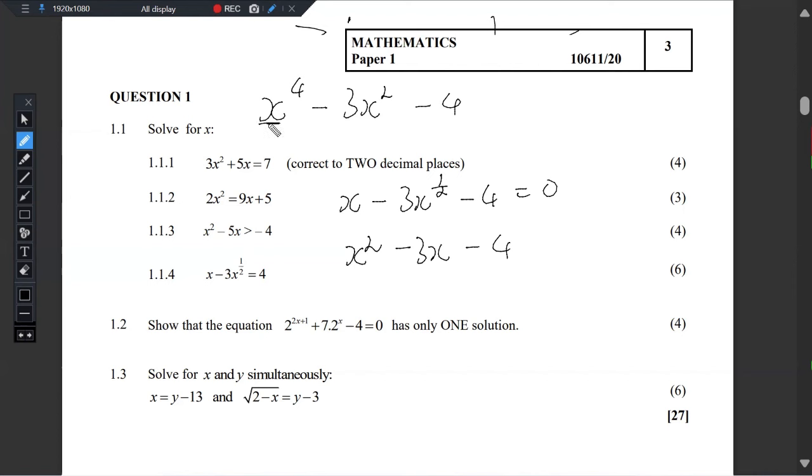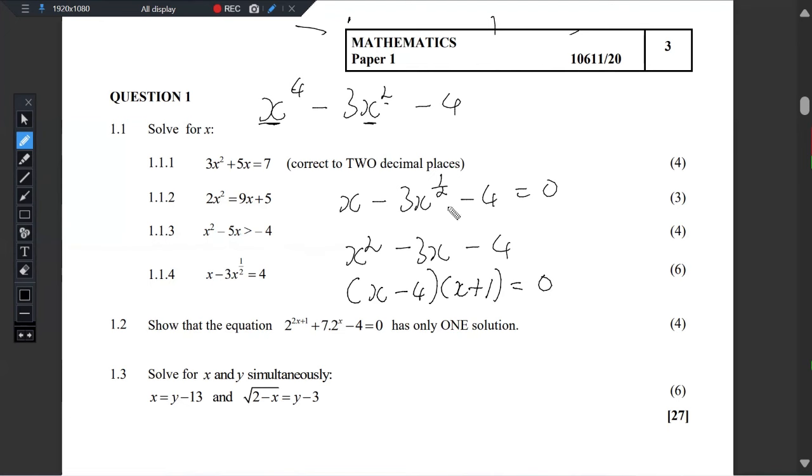So always between the first term and the second term, there is a halving of an exponent. That's how you know that you are still dealing with a quadratic equation. So if we were going to solve this one, it's x minus 4, and then x plus 1, is equal to 0.